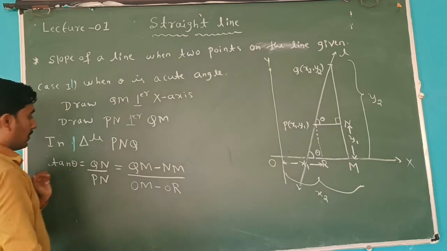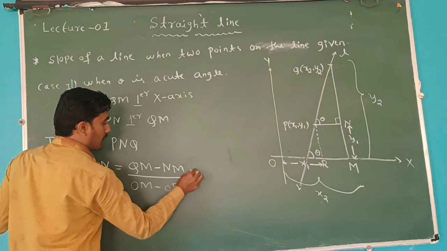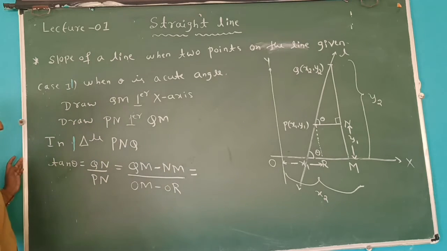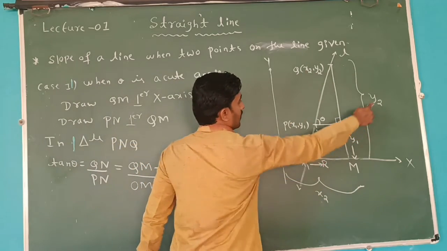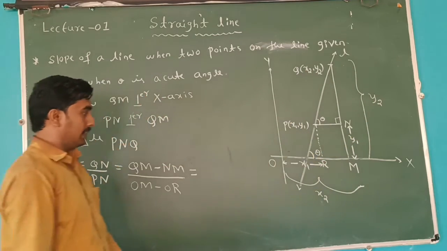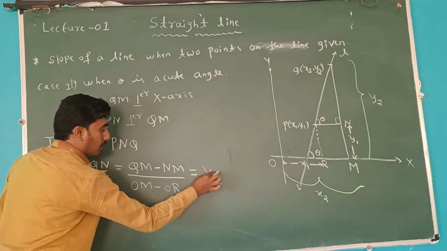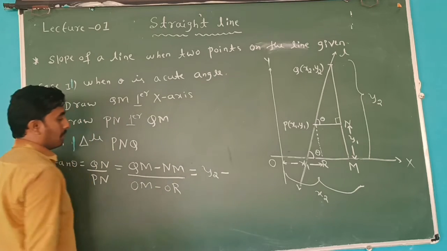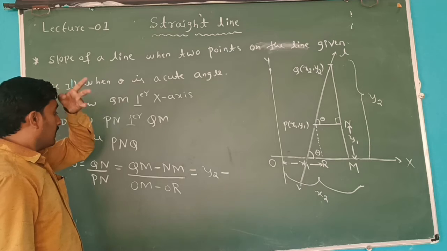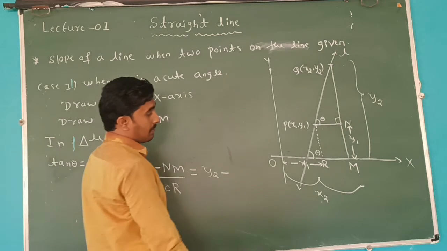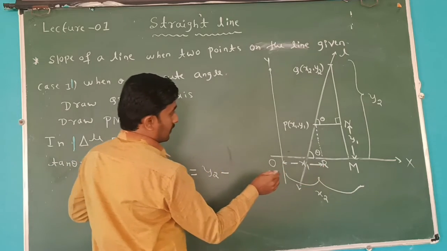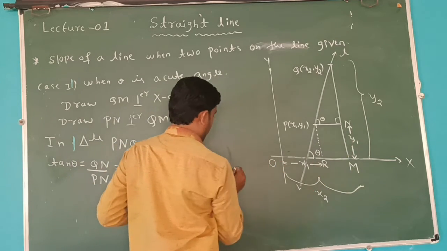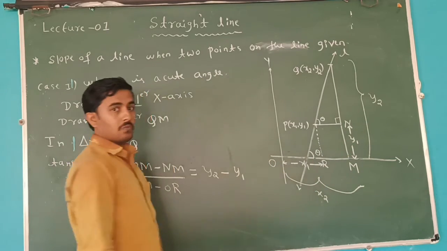Therefore, this is equal to QM, which from the diagram is y2, minus NM. NM is y1.